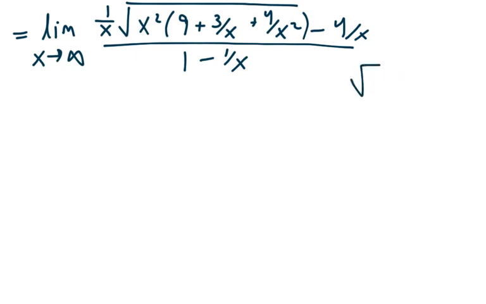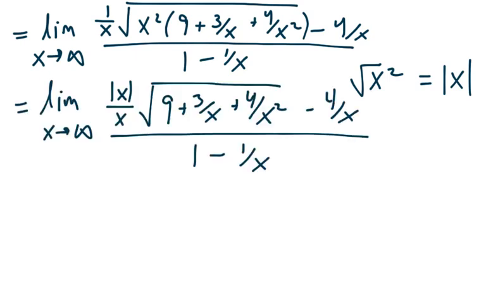Recall that the square root of x squared is equal to the absolute value of x. So I'm going to bring that outside the radical, and we get the following expression. The limit as x goes to infinity of the absolute value of x over x is just 1. The limit as x goes to infinity of 9 is 9.